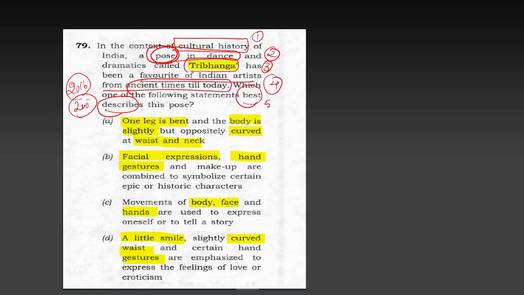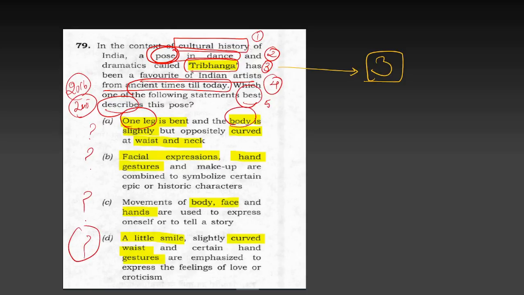And now the word meaning. Now you check the word meaning. Tri is three. Even if you do not know Bhanga, tri is three, and pose, so you're going to give a pose. Next, start reading the answers. Which suits better? You think about it, you read each option. One leg is bent.